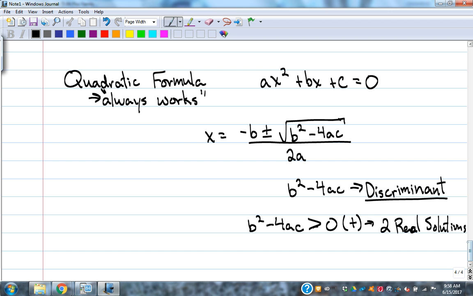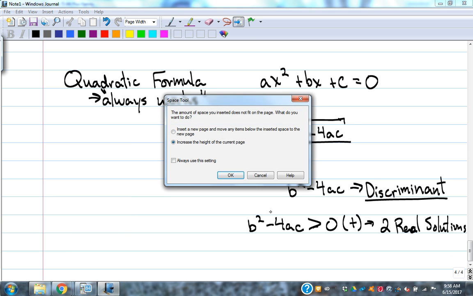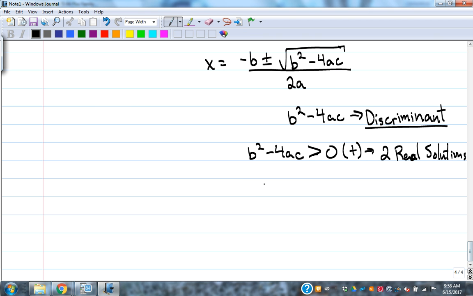Okay, if b squared minus 4ac is equal to 0. Let's put a little extra space here. If b squared minus 4ac, the stuff inside of the square root, is not greater than 0 but equal to 0, means it is the number 0.